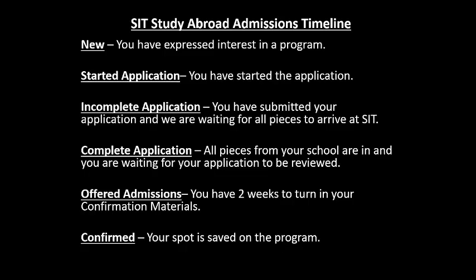Once all the pieces from your school have arrived at SIT, then we get that to complete application. After you have been reviewed, you then have 2 weeks to turn in your confirmation materials. After you have paid the deposit and turned in all your confirmation materials, then that is when you're at a confirmed spot.